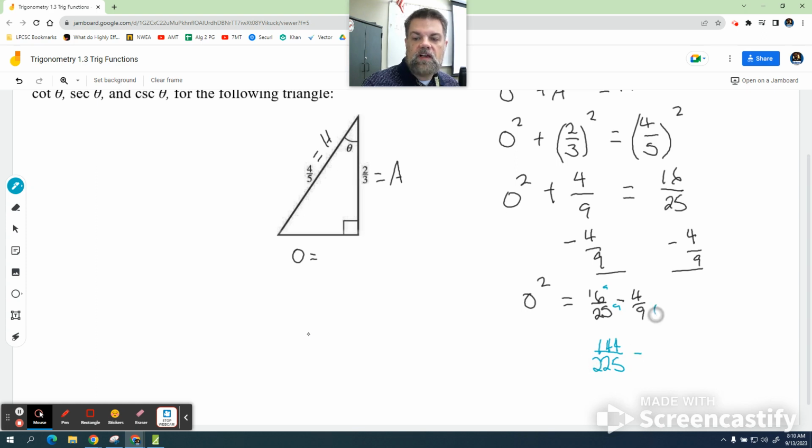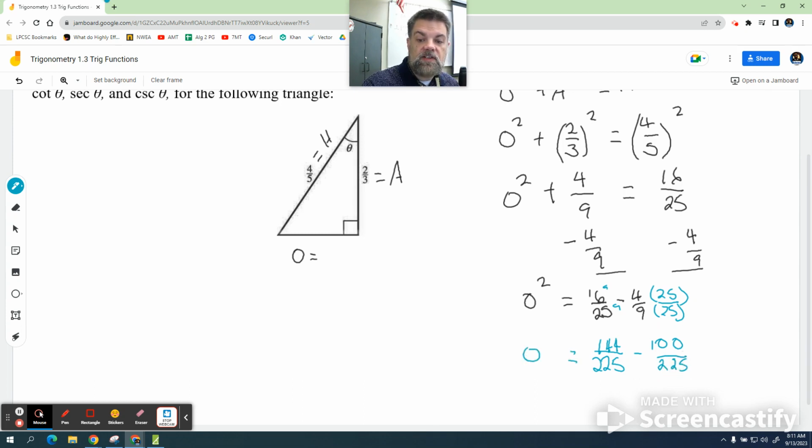Minus, and now over here, I'm going to multiply this by 25, right? And then whatever I do on the top, I also have to do to the bottom, right? So this is minus 100, because 4 times 25 is 100. And then 9 times 25 is 225.